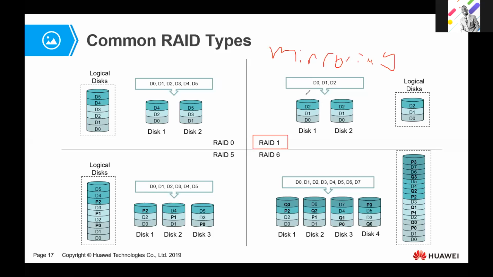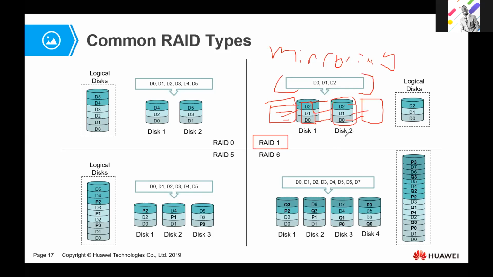RAID 1 automatically copies all the data written to one disk to the other disk. If we have your favorite song, it will save the entire song file on disk 1, and it will copy the exact data parts to all other disks that are available in your RAID.